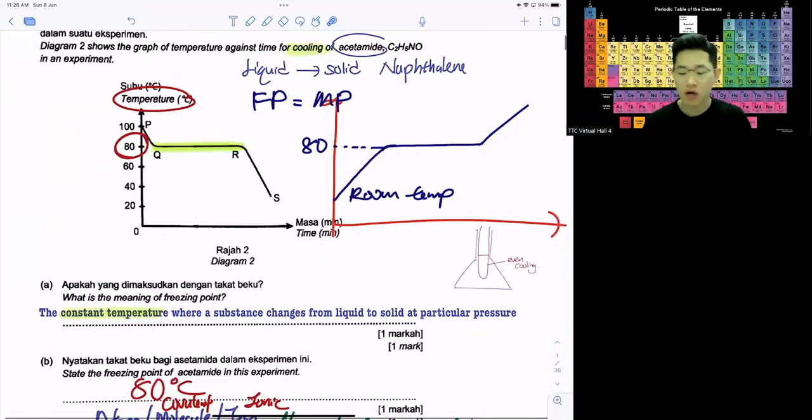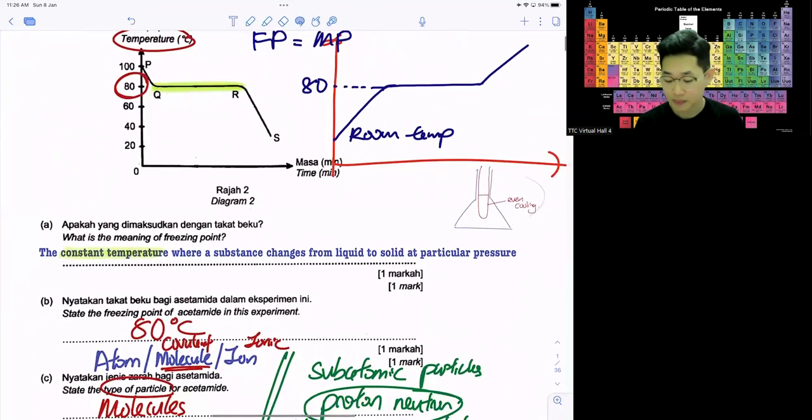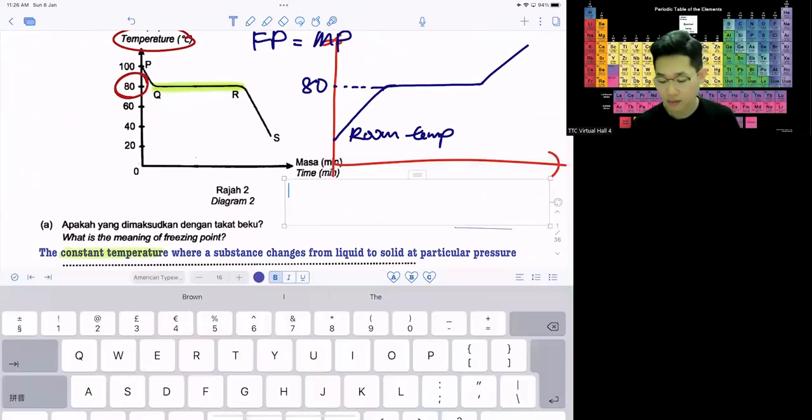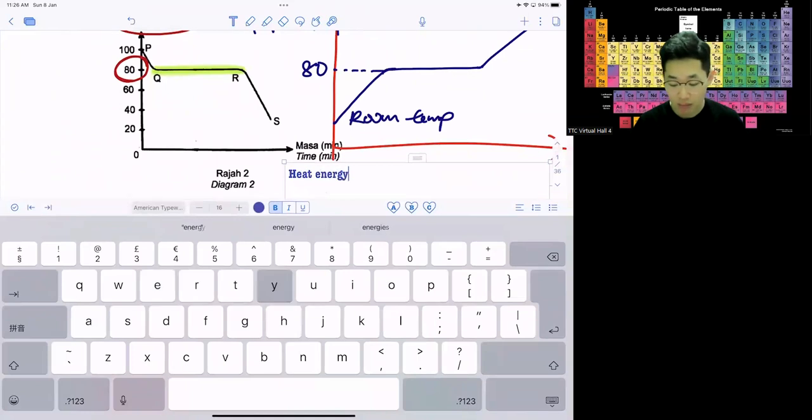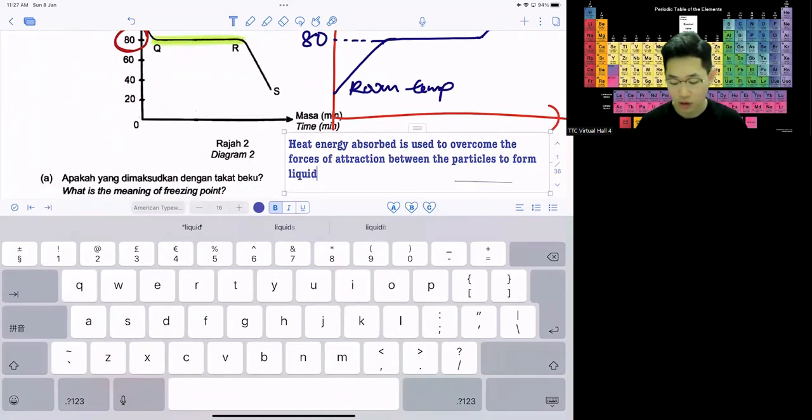Just like that. So if the question asks you why temperature remains constant during the melting process, your answer will be heat energy absorbed is used to overcome the forces of attraction between the particles to form liquid.